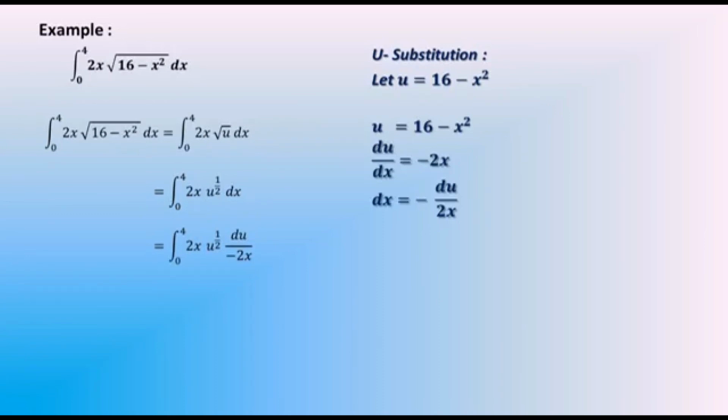Di sini kita boleh simplifikan 2x dengan 2x and then negative 1 kita bawa ke depan. So bila dah dapat macam ni, kita dah boleh integrate. So u to the power of 1/2 plus 1 akan dapat u to the power of 3 over 2 divided by 3 over 2. Evaluate from 0 to 4.